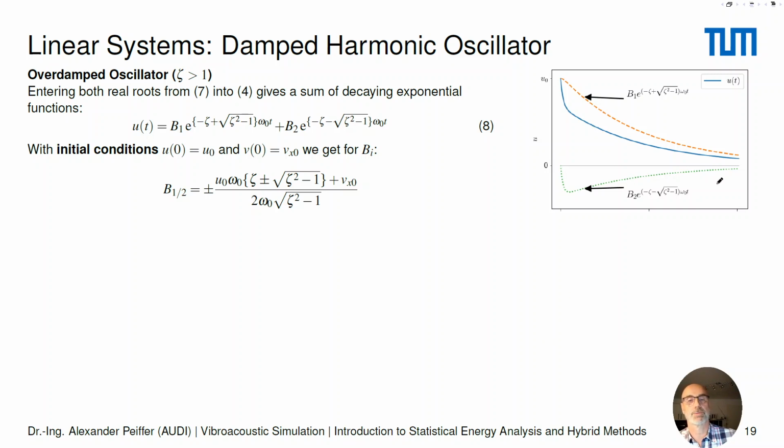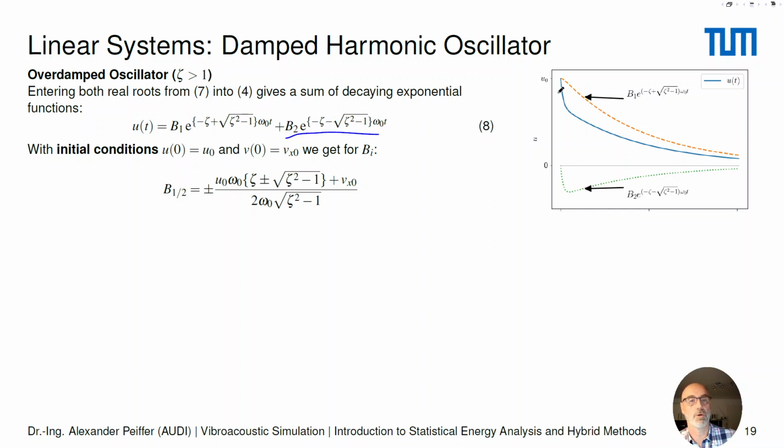A graphical expression shows the result of this. This is the first term, which is related to the 0 time displacement, and we see the decay of this, but never reaching 0. This is why it's called the overdamped oscillator. And the second term, given by the green curve, gives this expression.